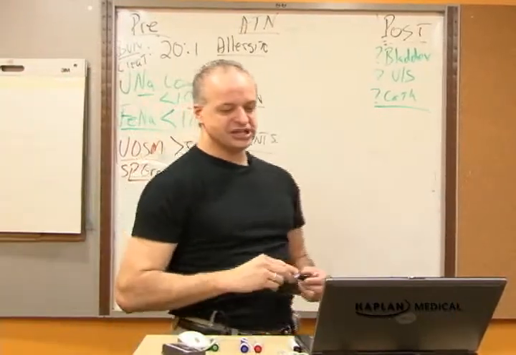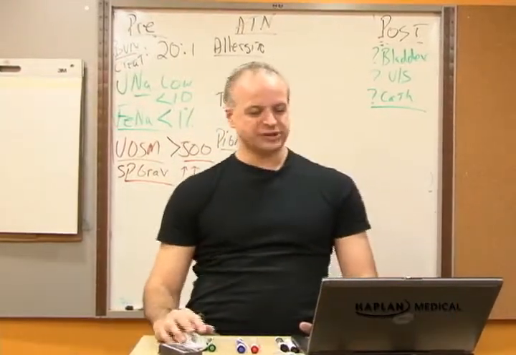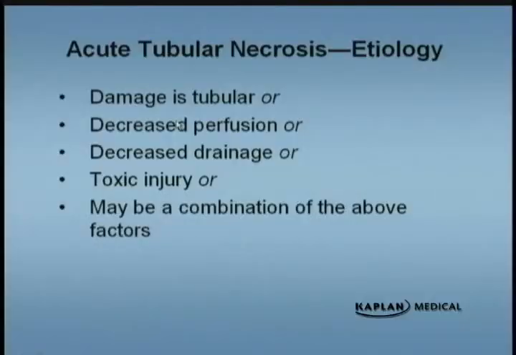So the difference in a person who has tubulointerstitial disease, let's see, acute tubular necrosis, is a combination of direct tubular damage on the basis of the toxin. It directly burns the tubule. The damage is tubular, meaning that in acute tubular necrosis the toxin acts like a sunburn on the tubule. It burns the tubule directly, combined with decreased perfusion.